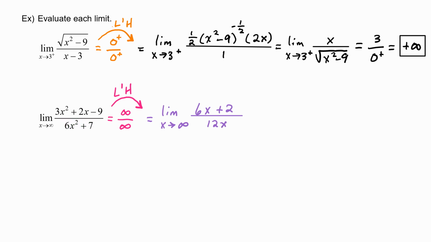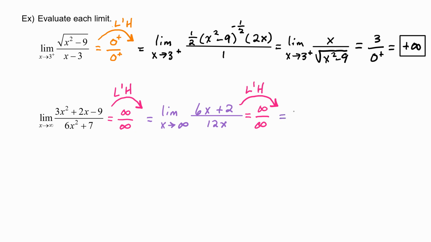Now, if we tried plugging the limit value in, once again, this would be infinity in the numerator over infinity in the denominator, which means, once again, I'm allowed to apply L'Hopital's rule.